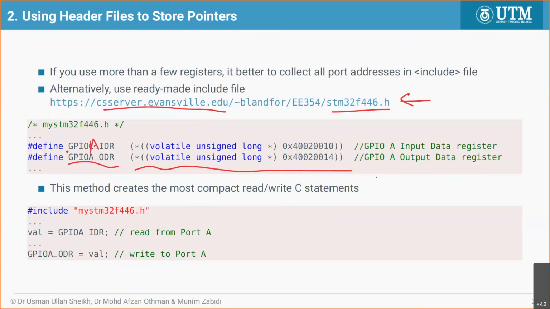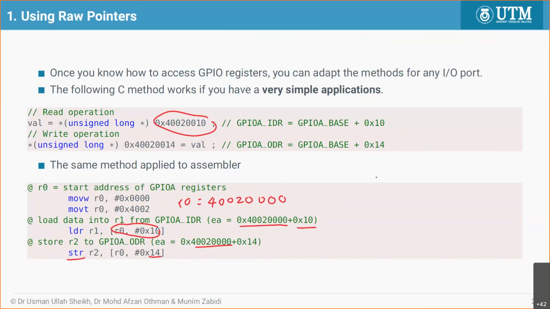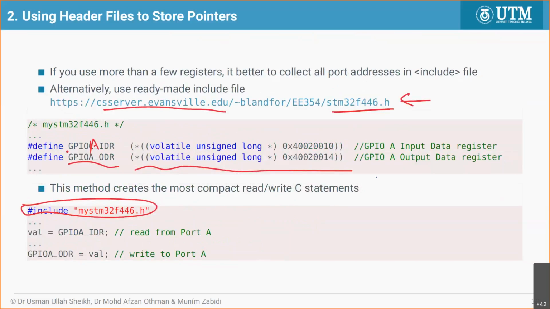But just download from this guy and put it in your C code like this, with include. Inside your C code, instead of the horrible looking C instruction there, you get a clean one: val equals GPIOA underscore IDR. This is a lot cleaner and a lot easier to read.